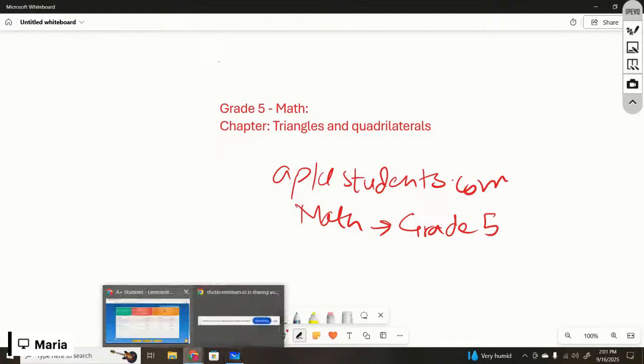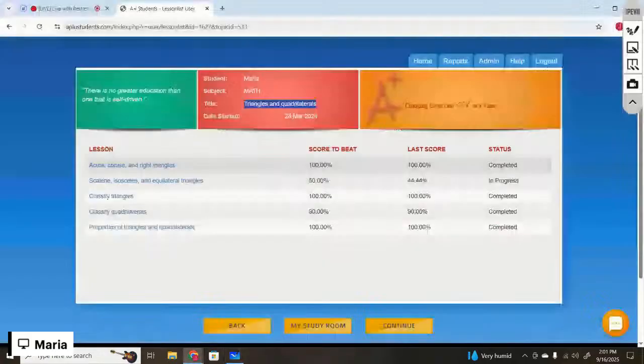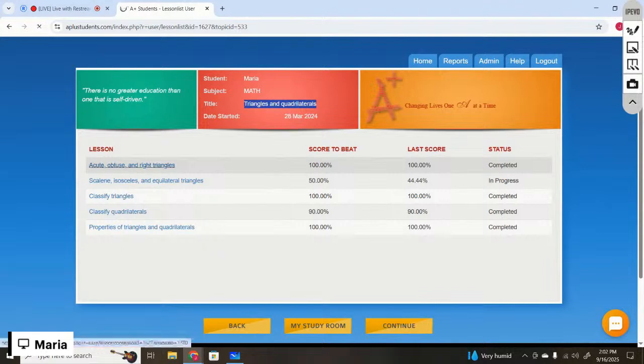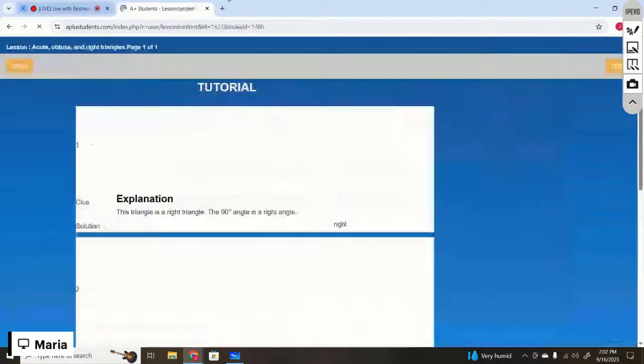Here I am on grade 5 math. The chapter we're on right now is triangles and quadrilaterals. Let's just start with the first lesson, that's acute, obtuse, and right triangles.